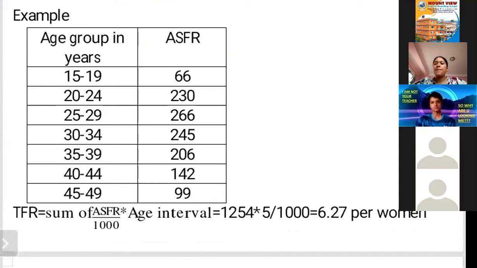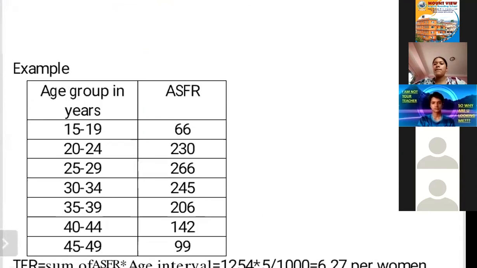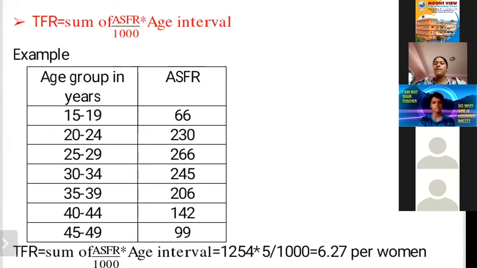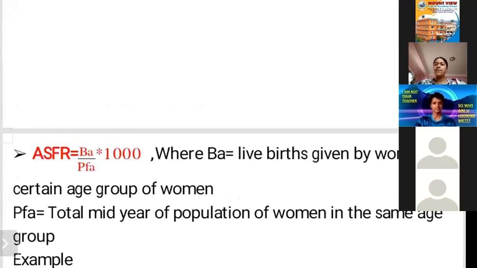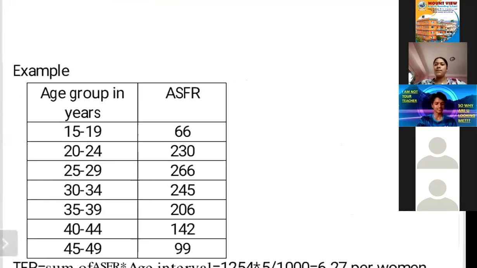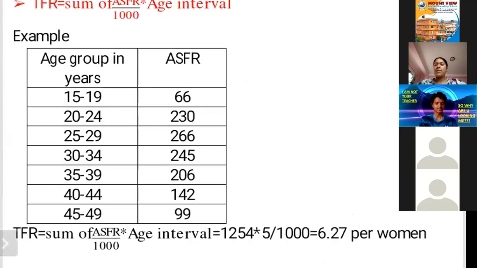I have mentioned the formulas with examples. Any confusion among these four ways of measuring fertility rate? No, sir. Okay, it's very good. If not, can I ask one question? Yes, sir.